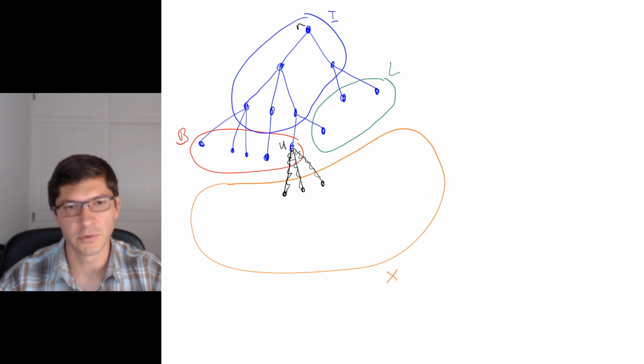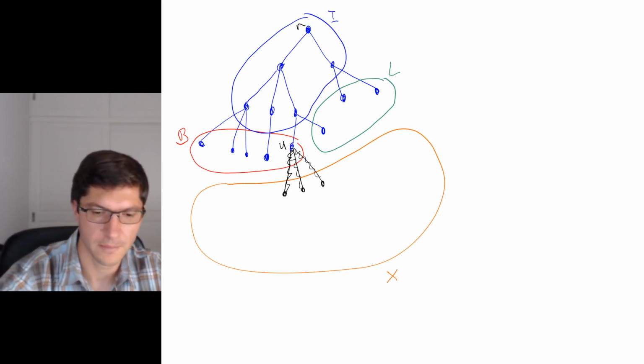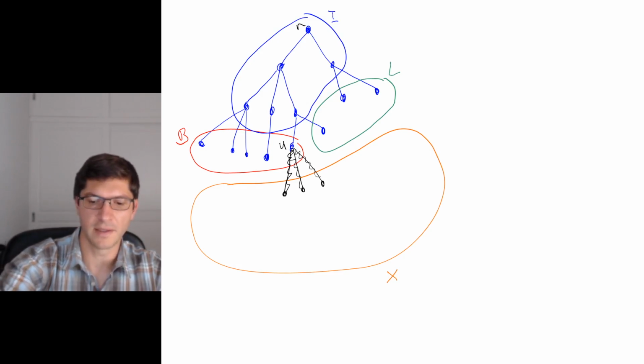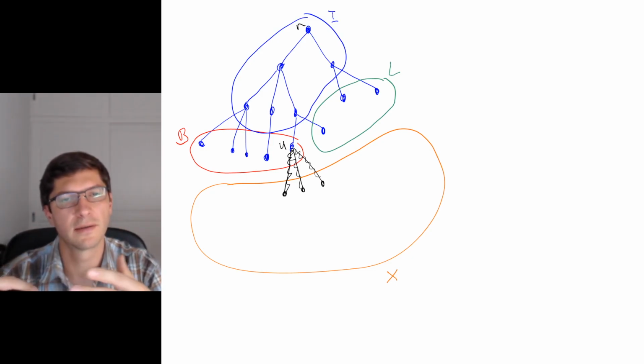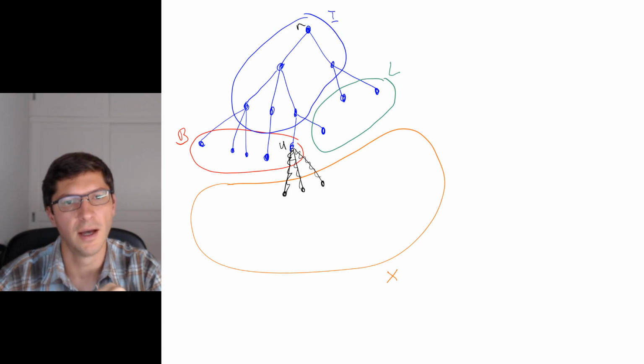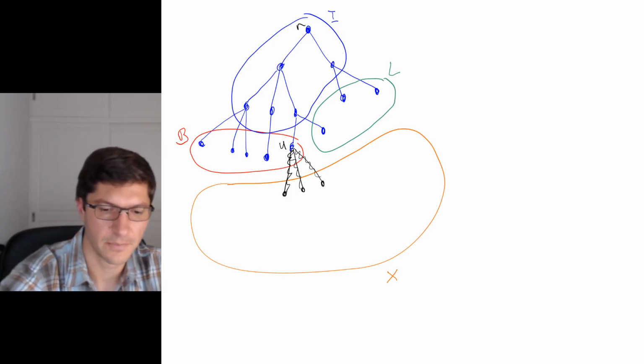So not just one of them or two of them, but all of them can be added into the spanning tree. If there's a tree that extends T with at least k leaves and U becomes internal, then there's also such a tree where U is internal and we add all of these edges.